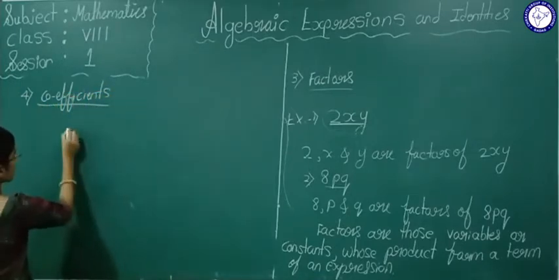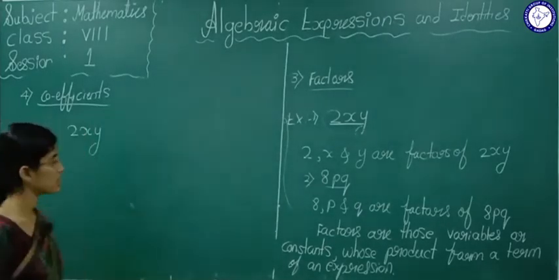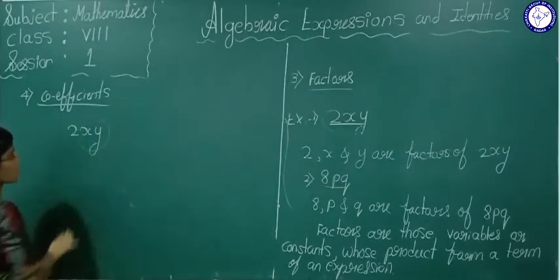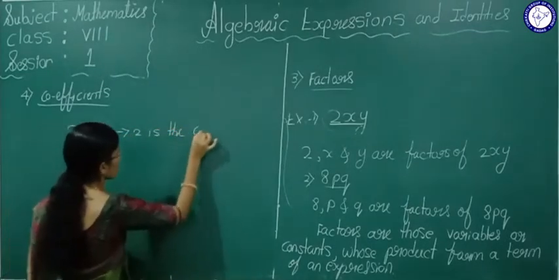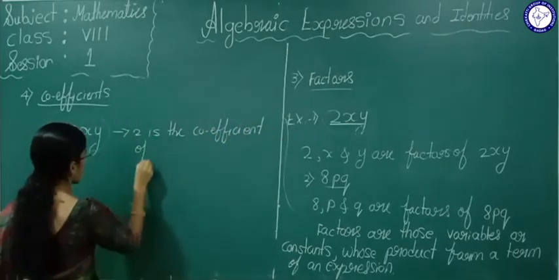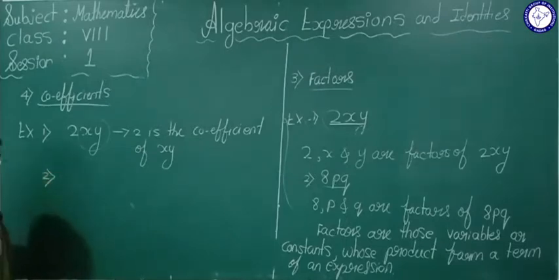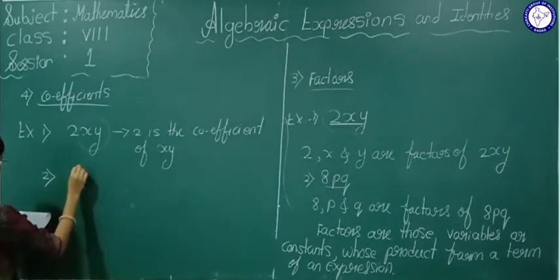Now see, I take one algebraic expression, 2xy. Now tell me, you have read this in your 7th standard, yes? What is the coefficient of xy? Here 2 is the coefficient of xy. This is example 1. Second example I will take here: 6y.